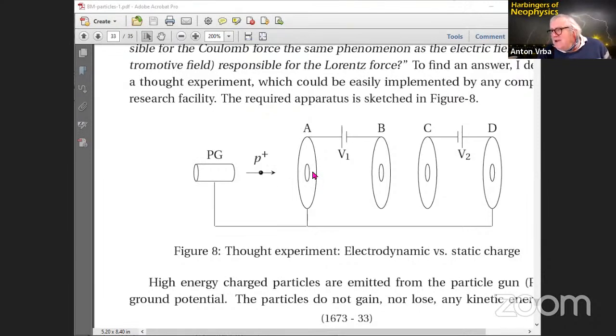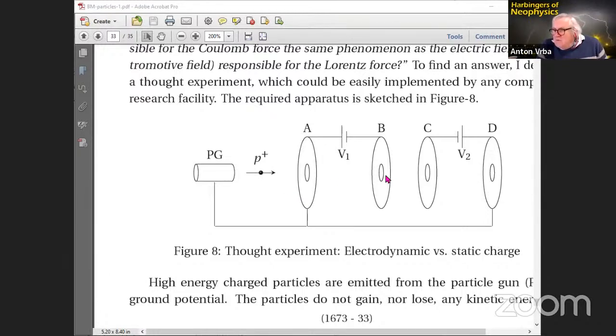It is then accelerated between A and B, and this V1 equals V2, by the way. So here it gets accelerated.